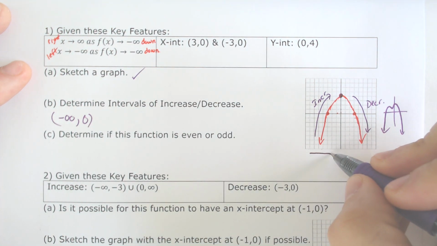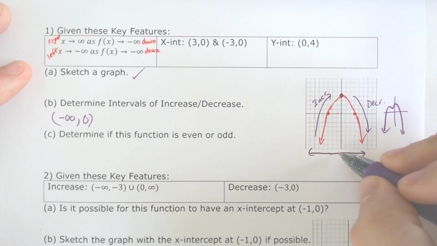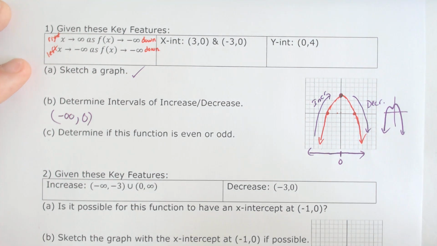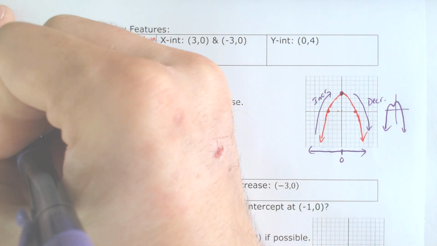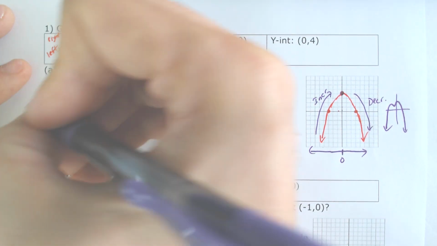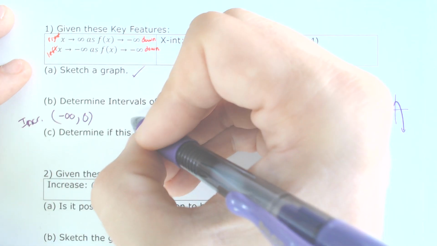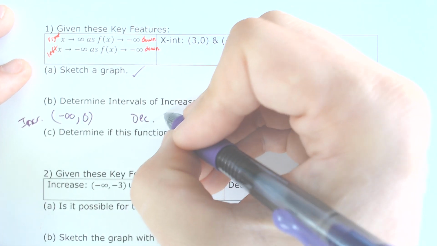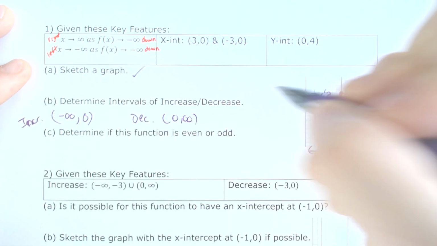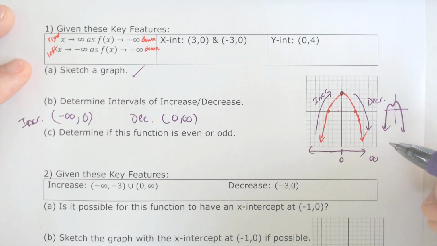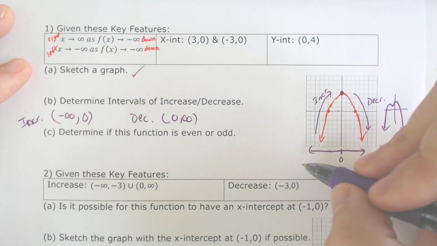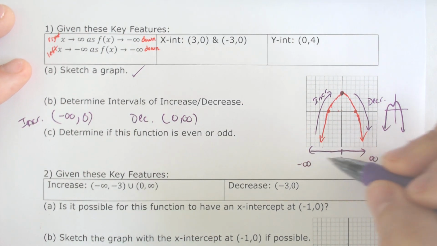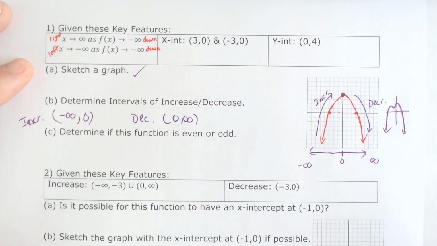When you're doing increasing and decreasing, it is only focusing on the x values, and the x value right there is 0. So it is increasing from negative infinity to 0. It is decreasing from 0 to positive infinity. Yeah, it's going down, but we're again focusing on the x values, which go from left to right.